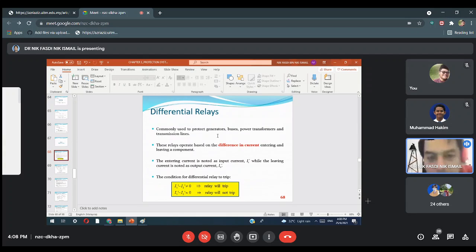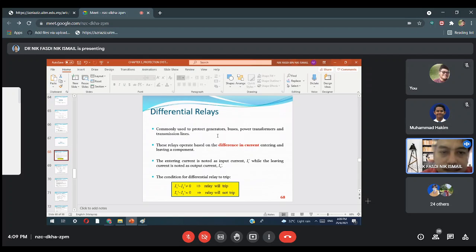So the differential relay ni konsep dia, kalau you tadi sebelum ni you belajar tentang overcurrent relay, directional relay, apa lagi, impedance relay. These relays are designed to protect transmission lines. Specifically dia akan protect transmission line.